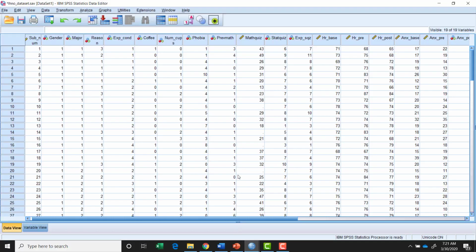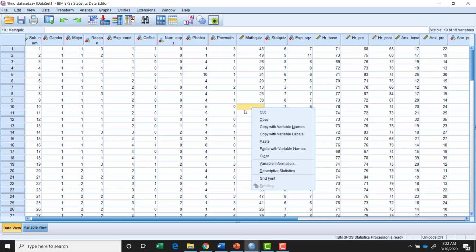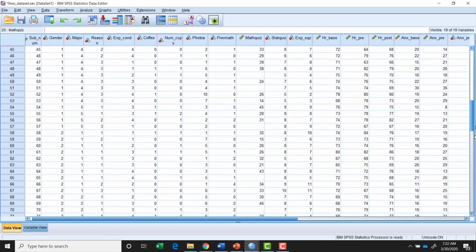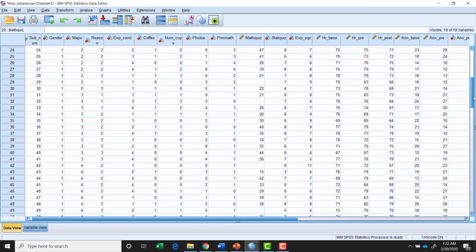Now let's have a look at SPSS at some missing data. In SPSS, if you have missing data, it's got a dot there rather than a number. Most of the routines in SPSS can deal with missing data, so for the moment, we're just going to ignore missing data.